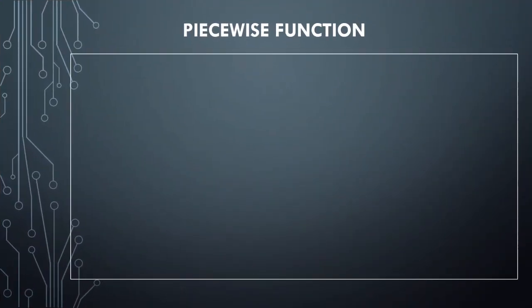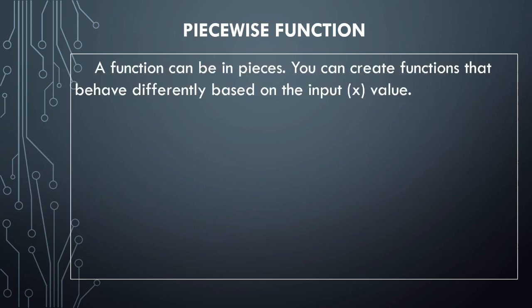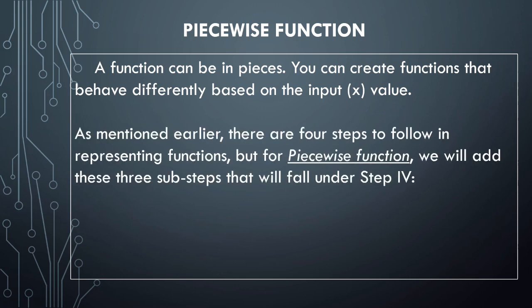Okay, let's have now the piecewise function. A function can be in pieces. You can create functions that behave differently based on the input or the x value. As mentioned earlier, there are 4 steps to follow in representing functions. But for piecewise functions, we will add 3 sub-steps that fall under step 4.